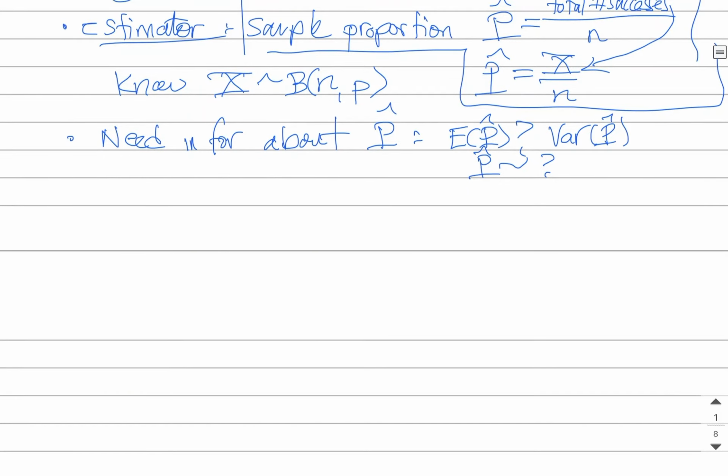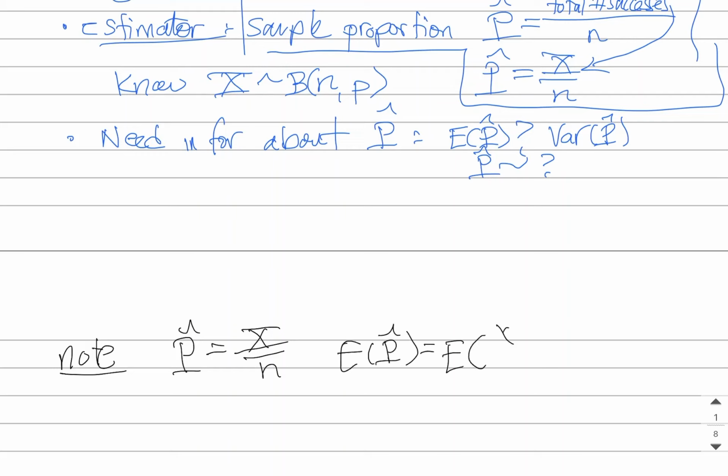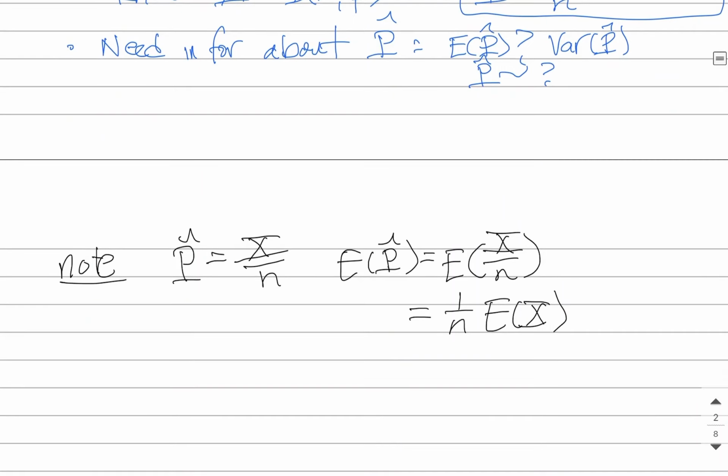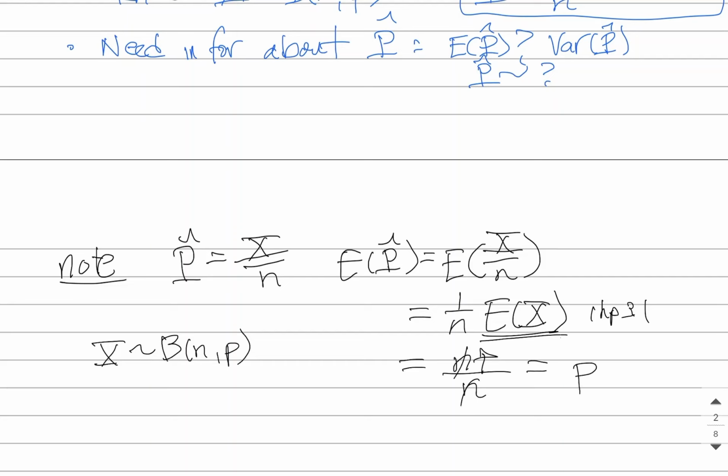So note, first of all, if we define this sample estimator as the total number of successes divided by the sample size, that means we can apply our properties of expectation and very simply come up with the following. Since X follows a binomial distribution with n and p, we know from chapter 3.1 that E(X) is np, divided by n, and so we will end up with p.